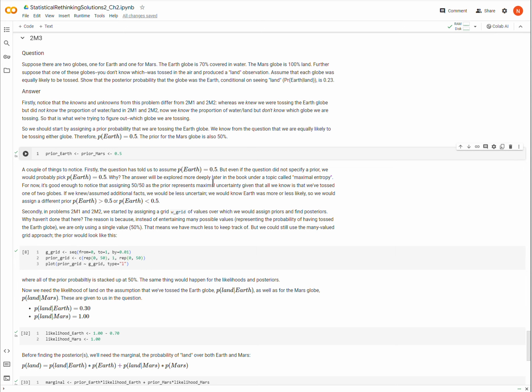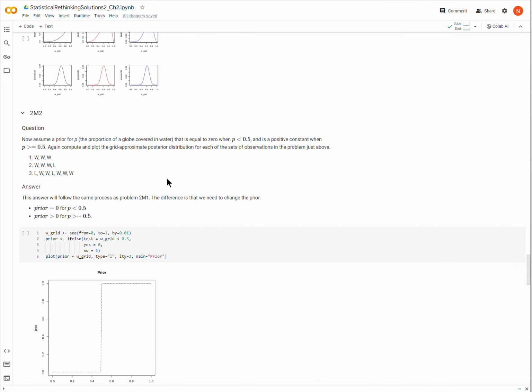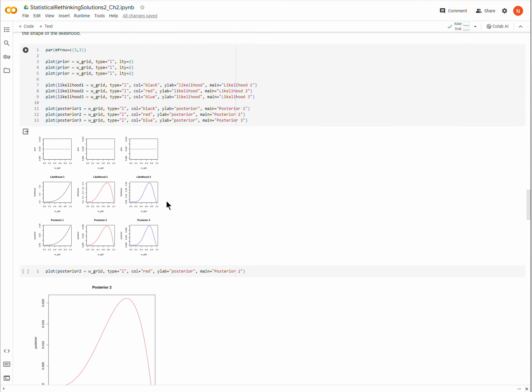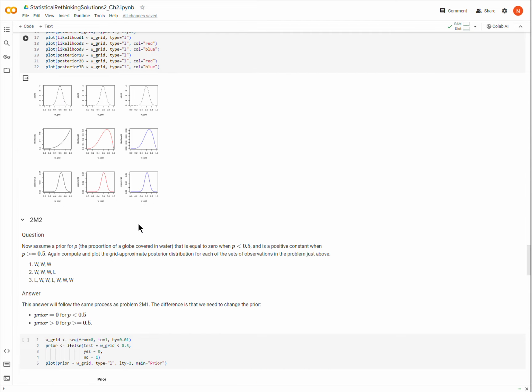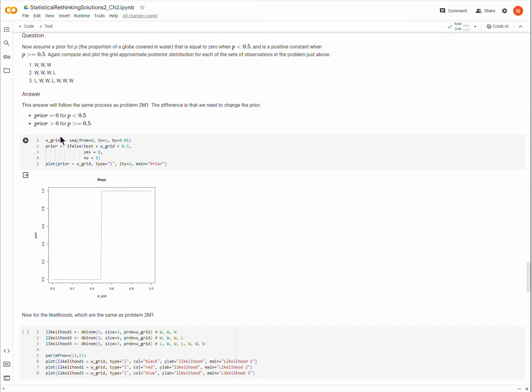Okay. Also notice that in the previous problems we started by assigning a grid, and then began by plotting the prior over all of the different values of W grid.